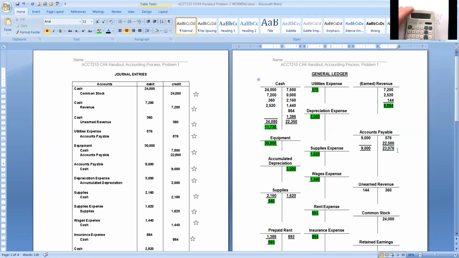So 23,076 minus 9,000 is 14,076. Yeah, so some of these, you've got to add up both sides and then do it.